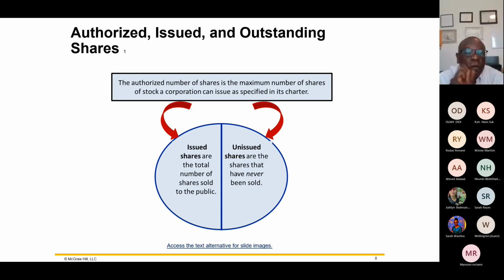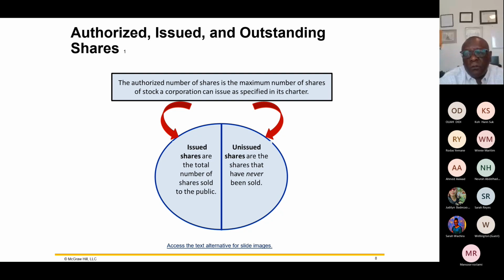And then we know the difference between authorized, issued, and outstanding. I think we explained that in detail when we had this class. What is authorized? Who can tell us what authorized shares? What is the meaning of authorized?